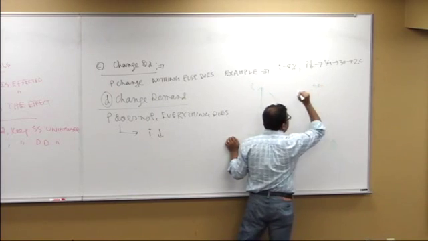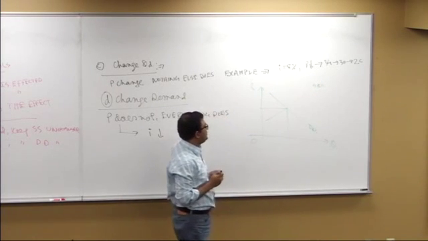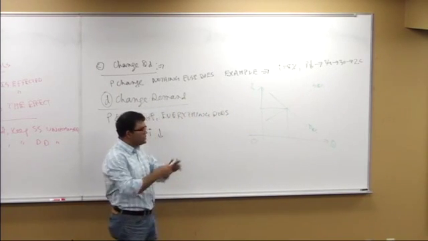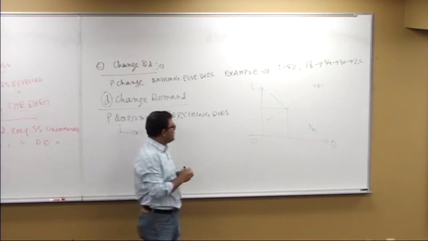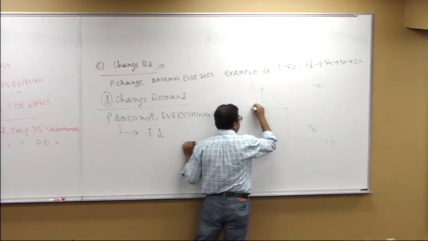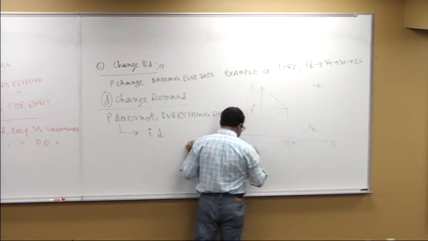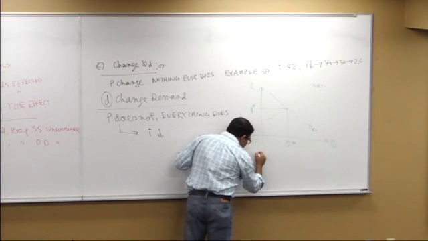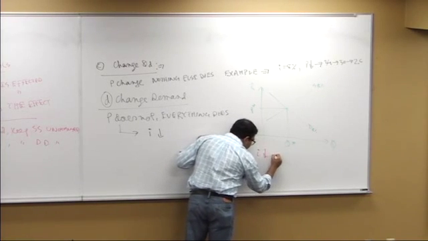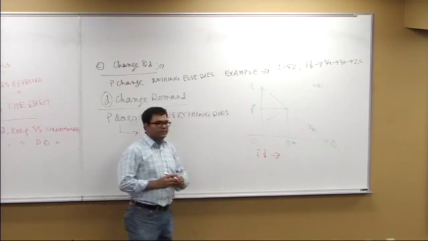This supply curve is when the market interest rate is 8%. So the market is in equilibrium when the market interest rate is 8%. We get a market equilibrium price and we get a market equilibrium quantity. Now my question is, suddenly the interest rate decreases. What happens?